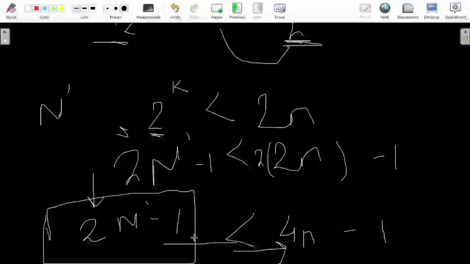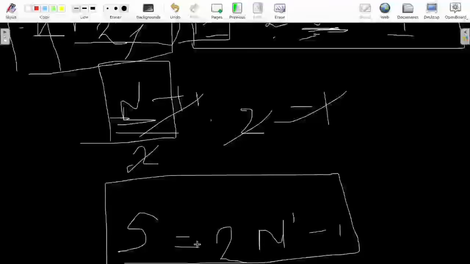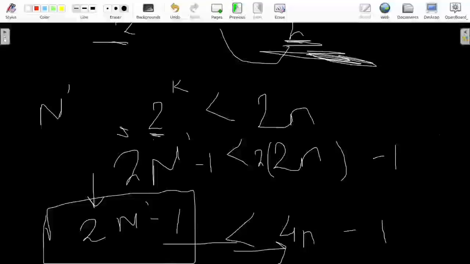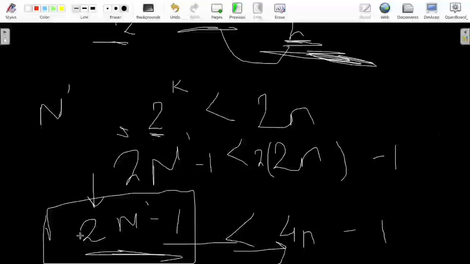Now, from this, tell me one thing. If for this size of an array we need this number of nodes, then of course, it's common sense that for a smaller size of an array we're definitely going to need fewer nodes.